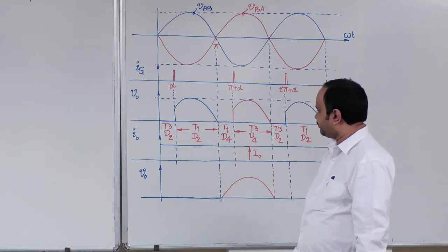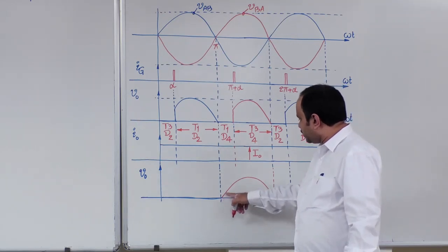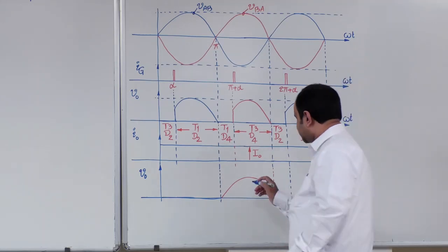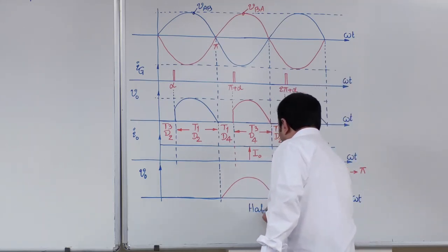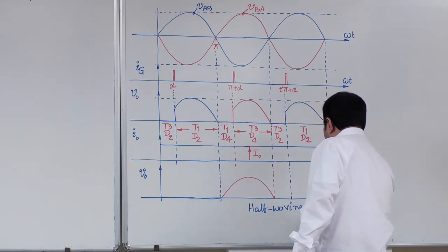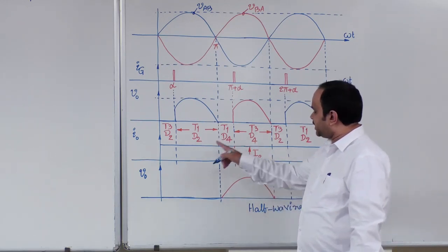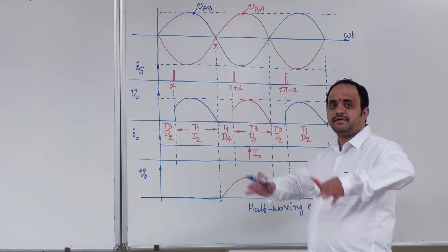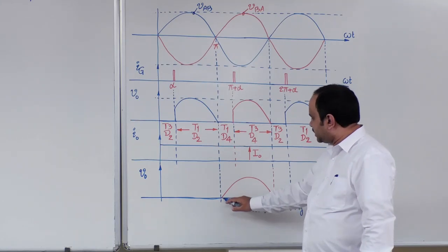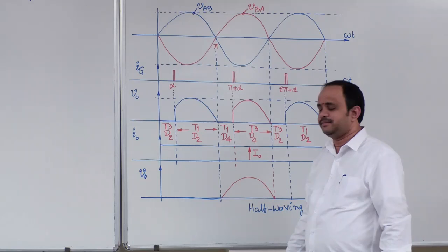Observe carefully, this circuit is a full wave rectifier, but the output voltage appears as a half wave rectifier circuit. This concept is called half waving effect. In this bridge circuit, thyristors and diodes are designed by full wave calculations, but this particular device is going to carry current for a half cycle completely.